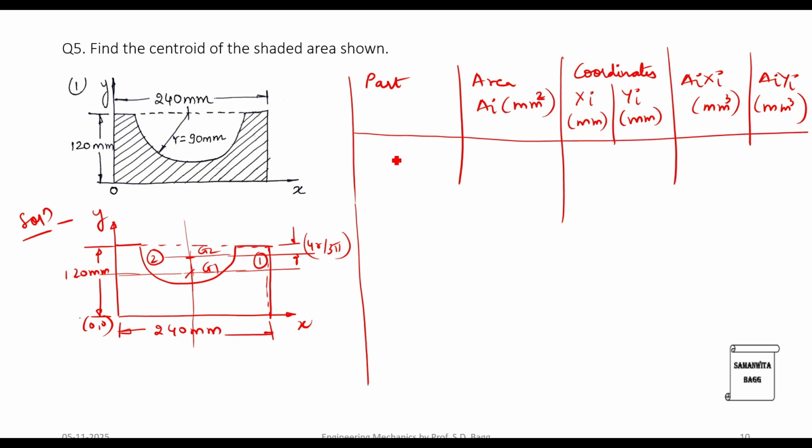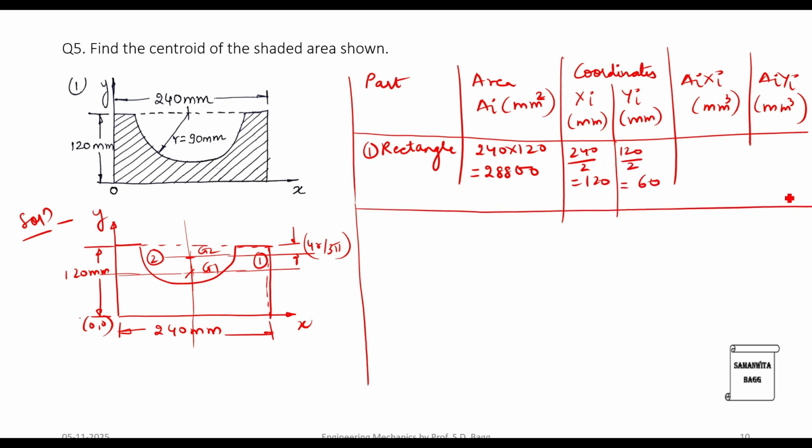So here we'll have the first part as the rectangle. Area is 240 into 120, which makes it to 28800. Coordinates, as we know, for the rectangle is always half, so it is 240 by 2, which makes it to 120, and height is 120 divided by 2 makes it to 60.